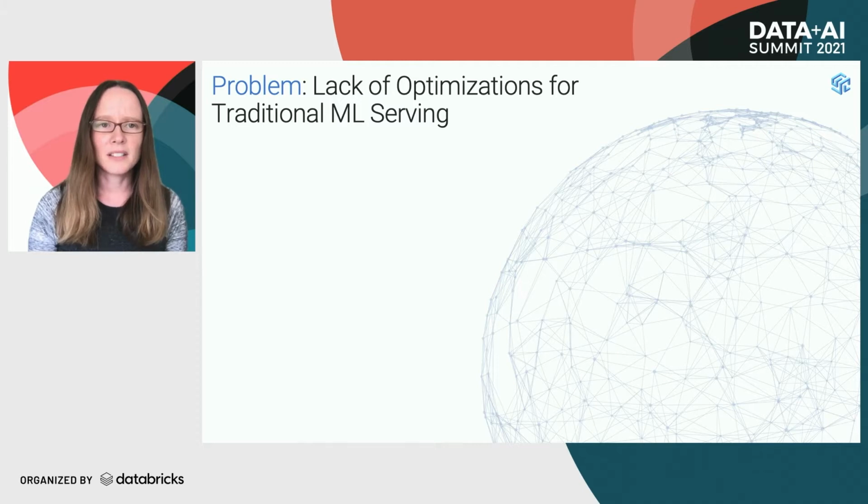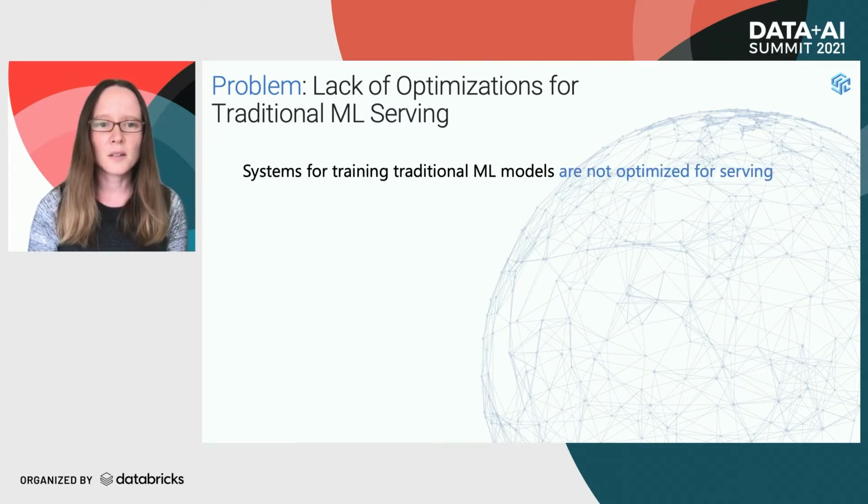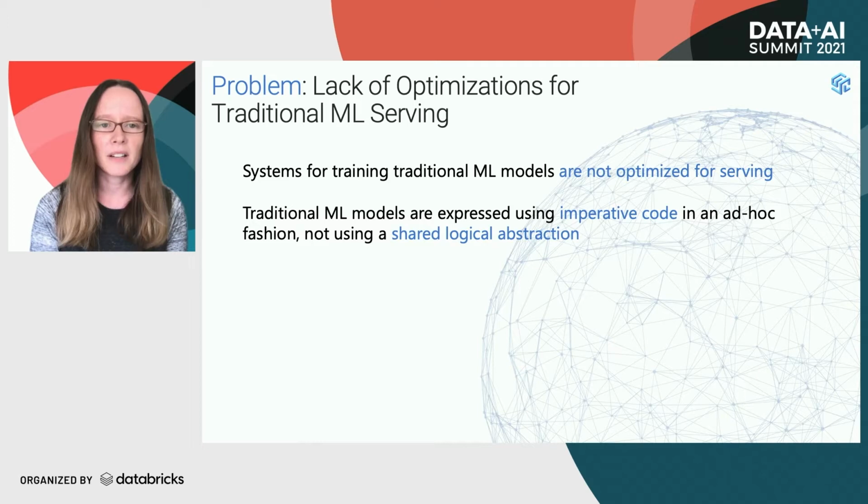So the problem is the lack of optimizations for traditional ML serving. These systems for training ML models are not necessarily optimized for the serving part. This is because traditional ML models are expressed using imperative code in an ad hoc way. So it's very difficult to do a general optimization using a shared logical abstraction.